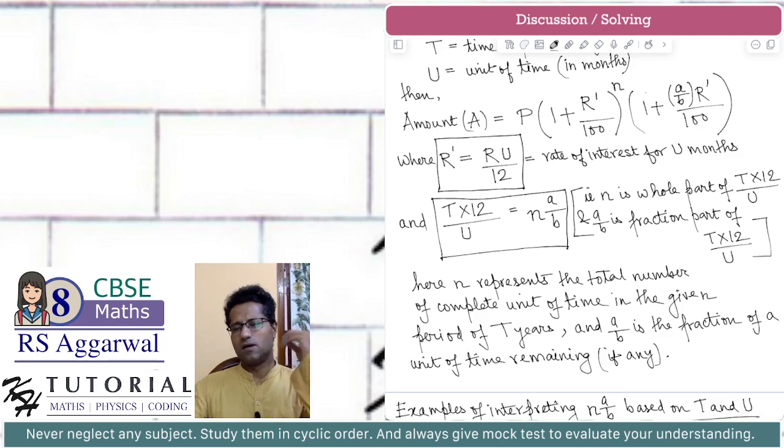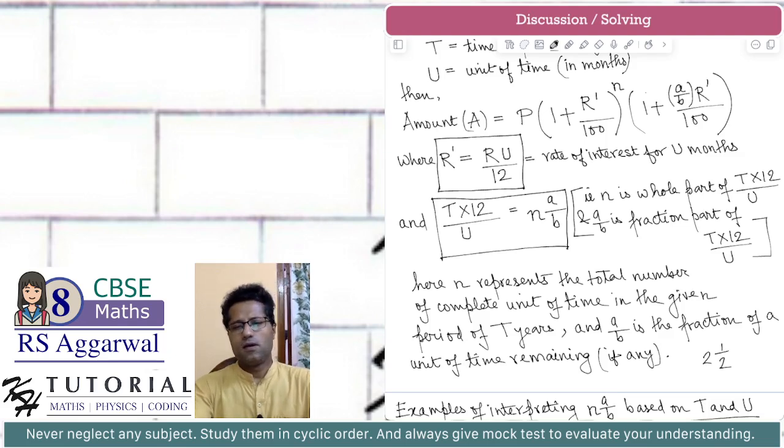From the concept of fractions, you know that a mixed fraction, let's say 2 and 1/2, means 2 whole and a half fractional part. In this context, if n and a by b is equal to 2 and a half, it will mean that we have two complete units of time in the entire period, and half of a unit of time. That is what it means.